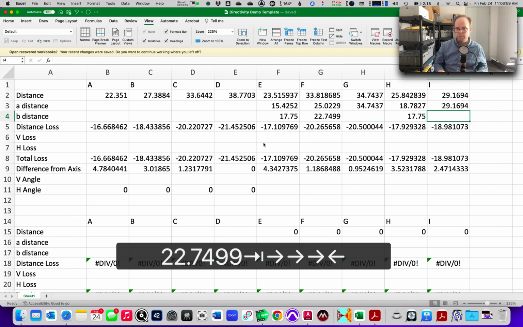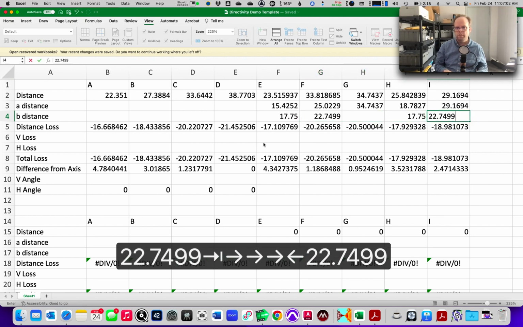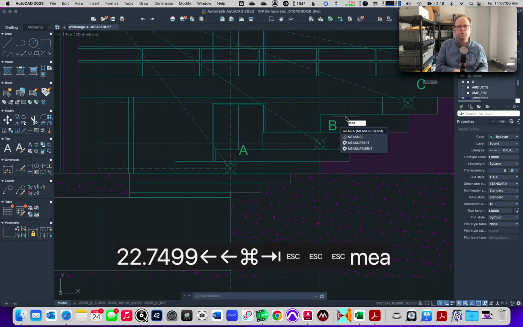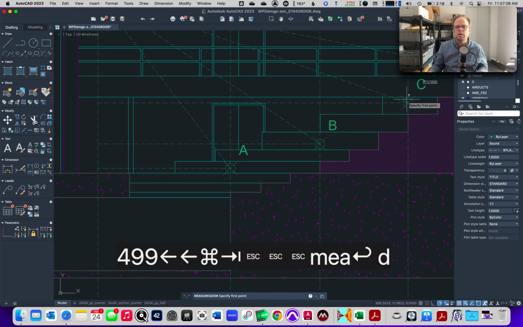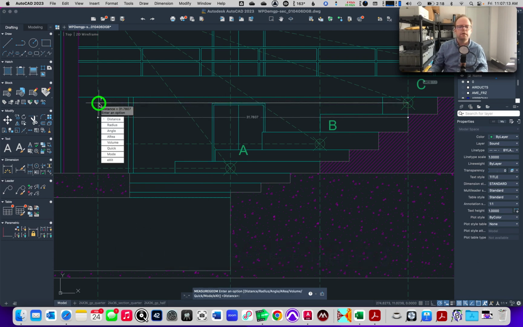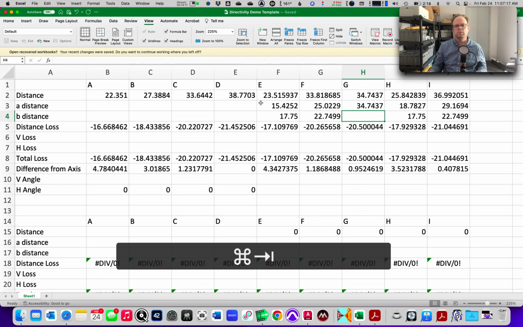And this will also get that, 22.7499, seat I, because that's on the same row. Okay, now we'll do seat C, 31.7807, which will go in for G.